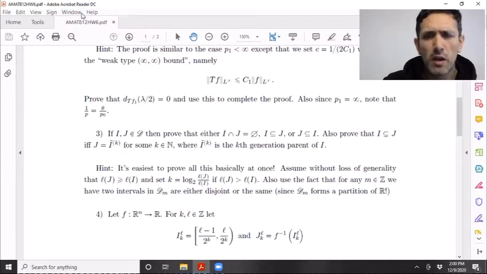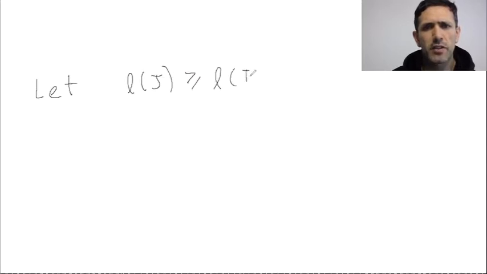Okay, so let's do problem 3, and I'll do that fairly quickly. Without loss of generality, we have two dyadic intervals, J and I, and let's say the length of J is bigger or equal to the length of I. Right. So let's get an easy case out of the way.